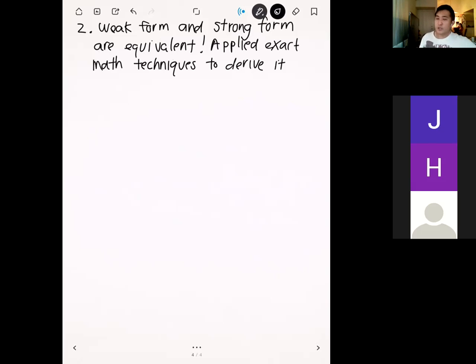Just because we're solving the weak form doesn't mean that we're getting an inferior solution. It's just a different form of it.